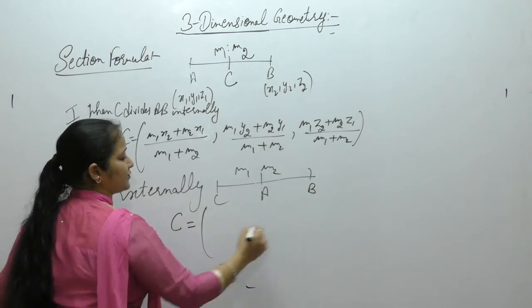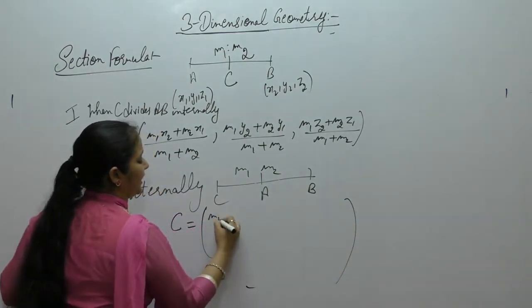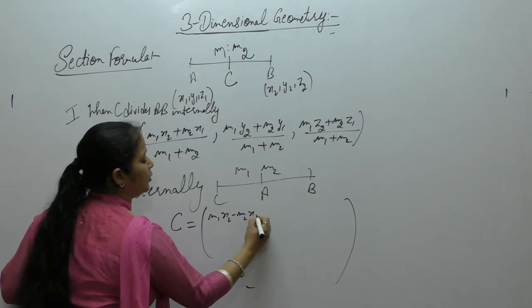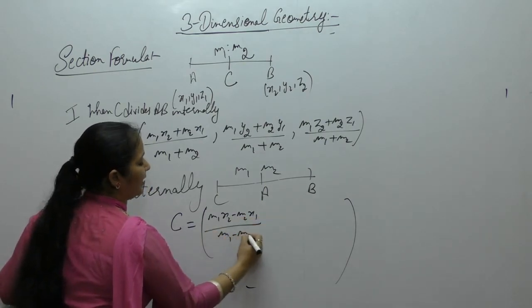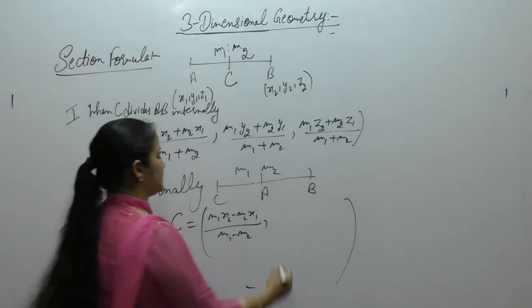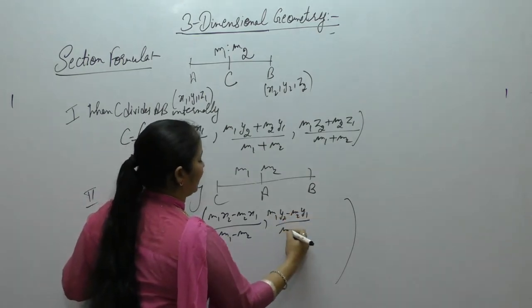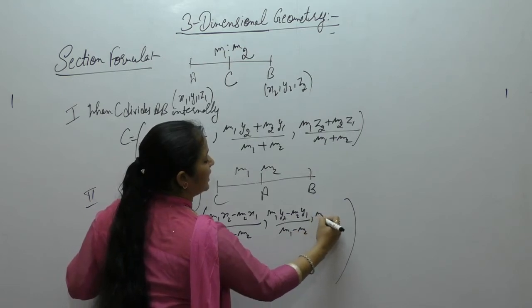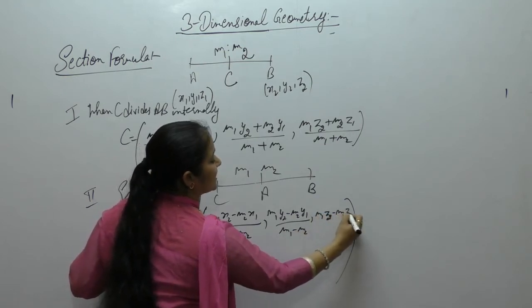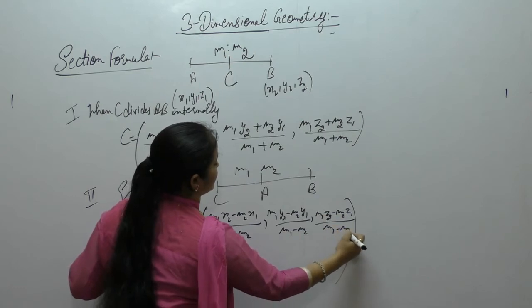Then coordinates of C will be (m1 x2 minus m2 x1) upon (m1 minus m2). Similarly for y and z coordinates: (m1 y2 minus m2 y1) upon (m1 minus m2), (m1 z2 minus m2 z1) upon (m1 minus m2).